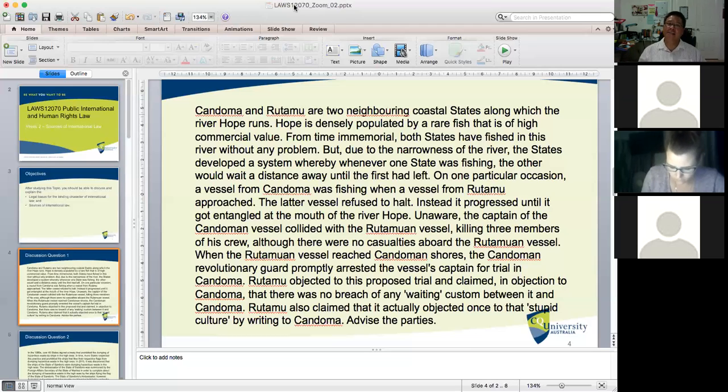So in other words, there is a burden on the one that claims that an international customary law has been created. That state must be able to prove that the state practice is in fact a result of a sense of legal obligation. So consistent state practice by itself is insufficient. There has to be proof that the state practice is a result of opinio juris sive necessitatis. In other words, it has been undertaken because there is a sense of obligation.